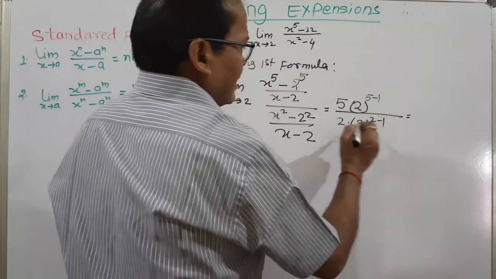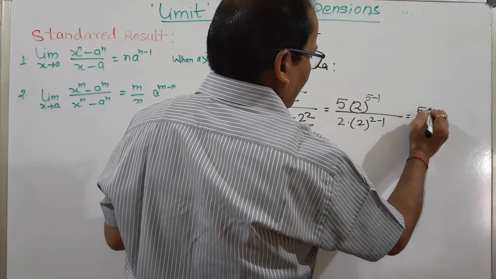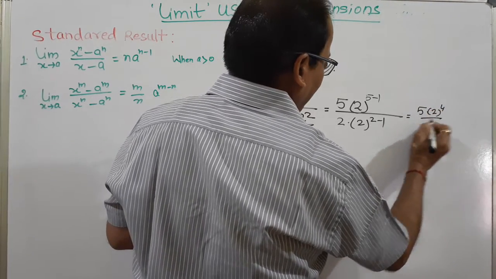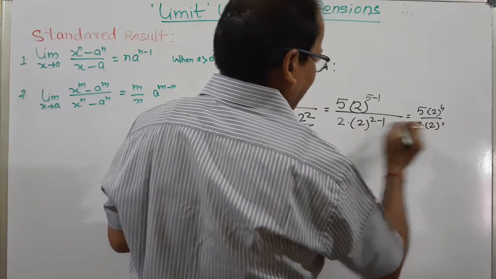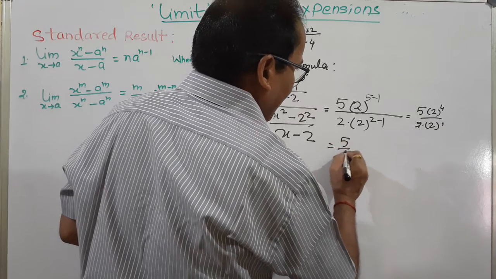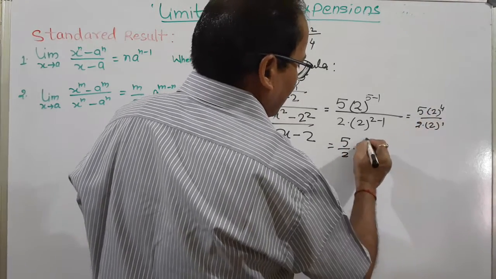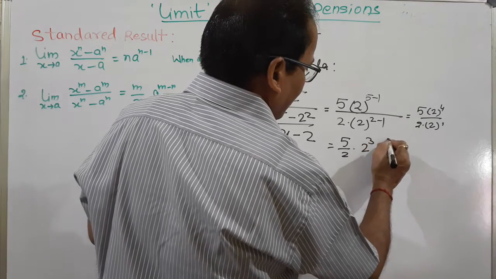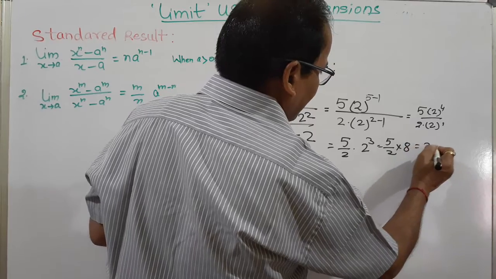Finally you will get 5 into 2 to the power 4 by 2 into 2 to the power 1. And you get 5 by 2 into 2 to the power 4 minus 1, which is 3, equal to 5 by 2 into 8, which is equal to 20.